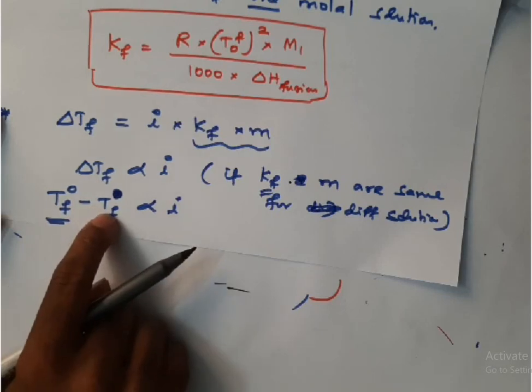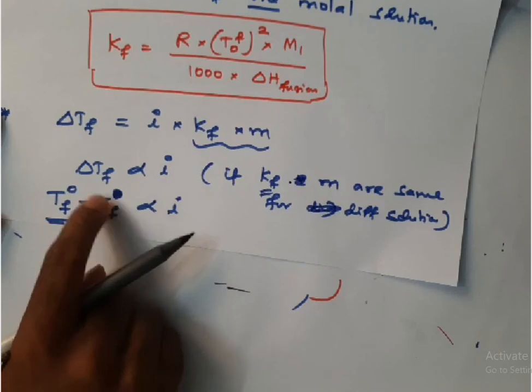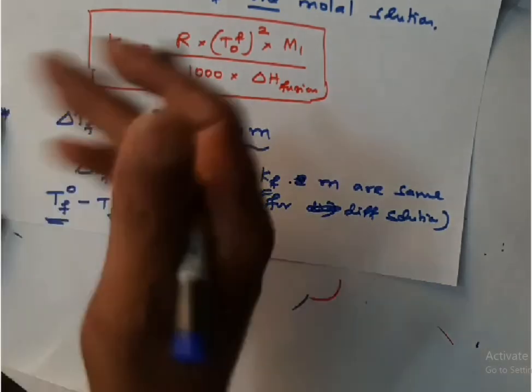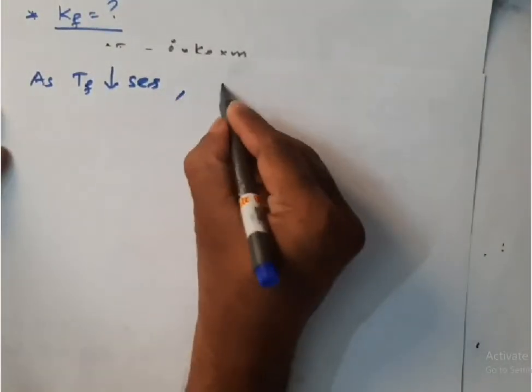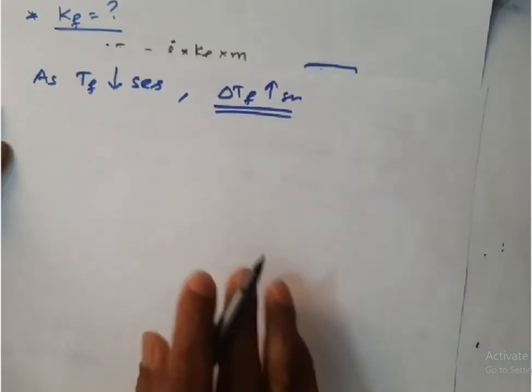If freezing point of solution decreases, then this minus this will give you delta Tf. If this becomes low, higher value minus lower value will give you a higher value. Therefore delta Tf will increase. As Tf decreases, delta Tf increases, right.